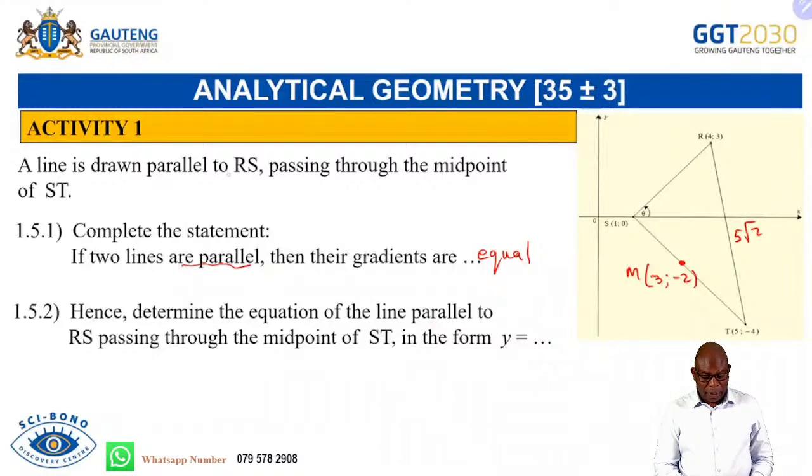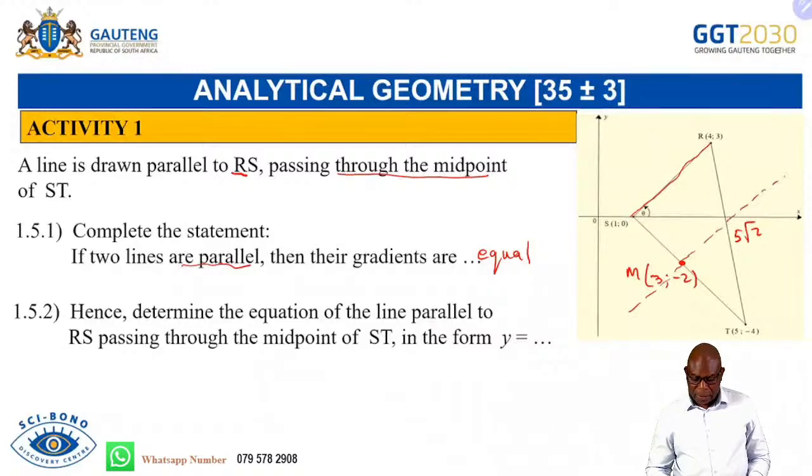So a line drawn parallel to RS. So this is RS. So we need a line drawn parallel to it, passing through the midpoint of ST. So we need another line here that is going to be passing through that midpoint, but that line must be parallel to that. Hope you understand it.